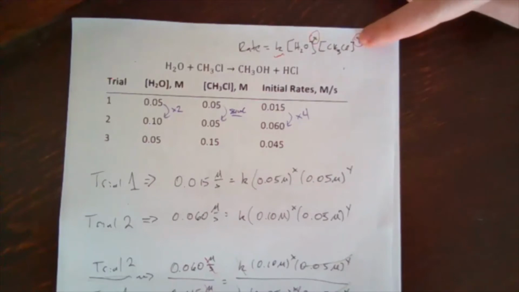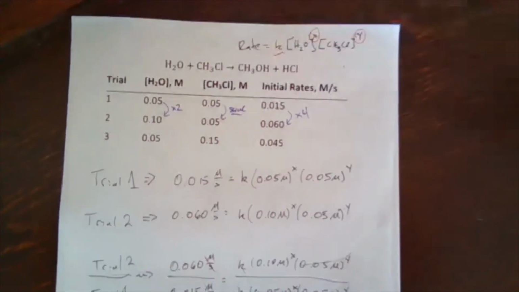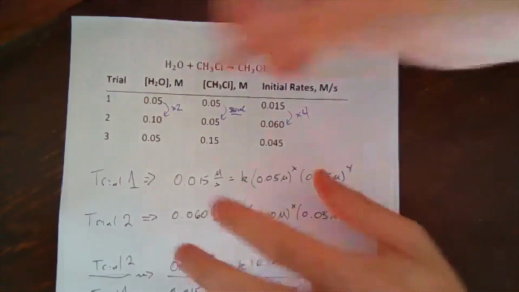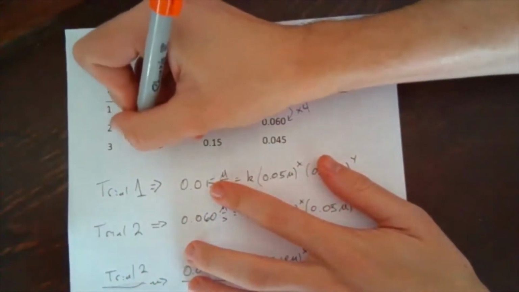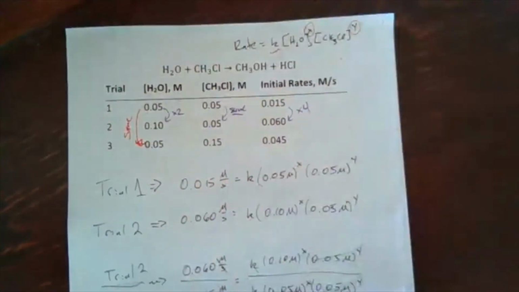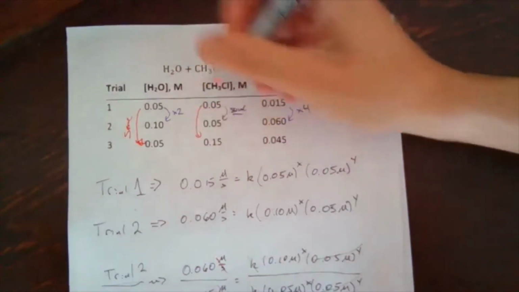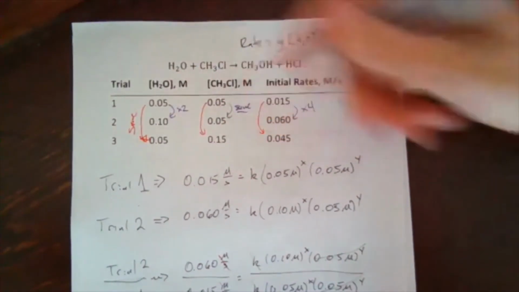We still need the order of Y for CH3Cl, and we still need to know K. In order to get K, we need to get that other order. And so this is where trial 3 comes in. You'll note with trial 3, these are now the same, which means that you didn't affect that concentration at all, but you did change this concentration, and the rate does change.